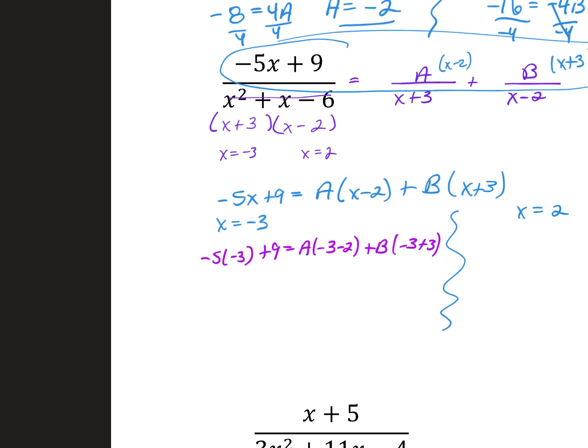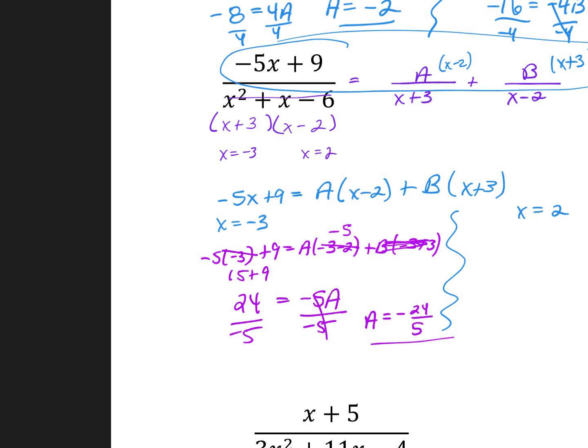So negative 5 and a negative 3 gives me positive 15 plus 9 gives me 24. I have negative 3 and a negative 2 gives me negative 5, so this is negative 5a. And then what happens with negative 3 and a positive 3? Cancels out. Divide both sides by negative 5. So the a value I'm going to use is negative 24 over 5. Fraction? That's all right.